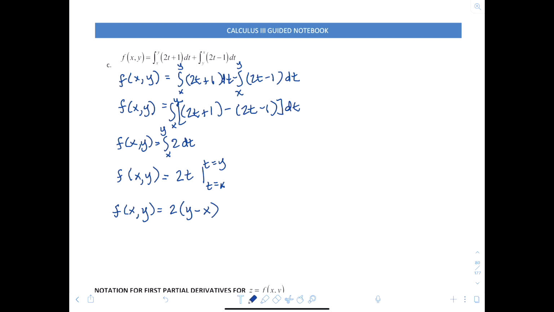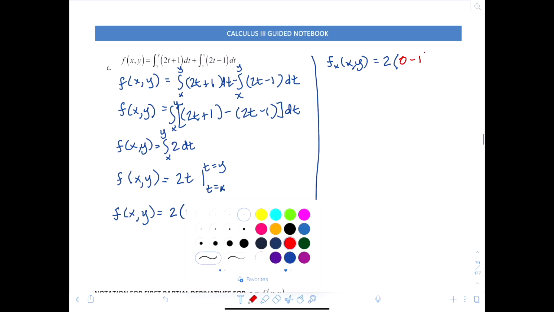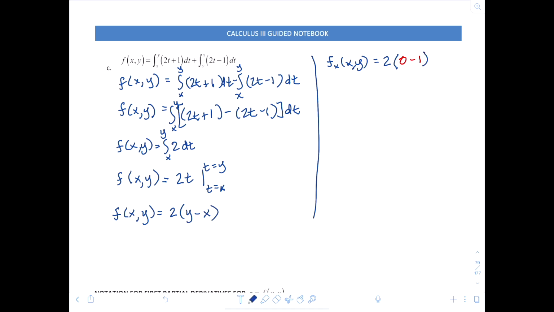Good so far? So now, to find the partials, we would have fx of x and y will be 2 times, beautiful, the y will zero out, we'll treat it as a constant, and then minus 1, because the derivative with respect to x of x is 1, and we had a difference in between them.